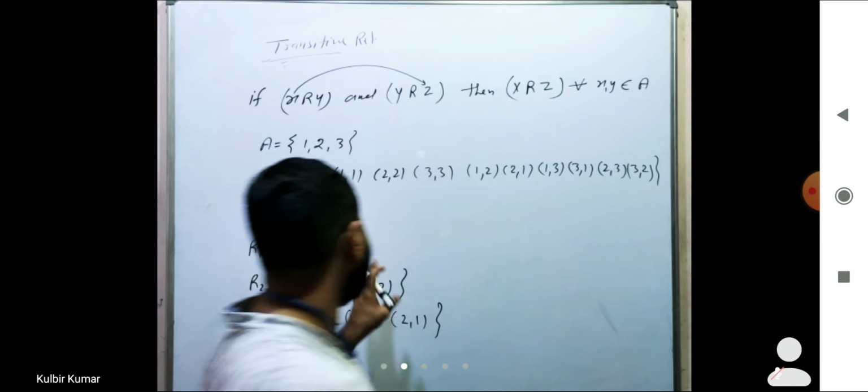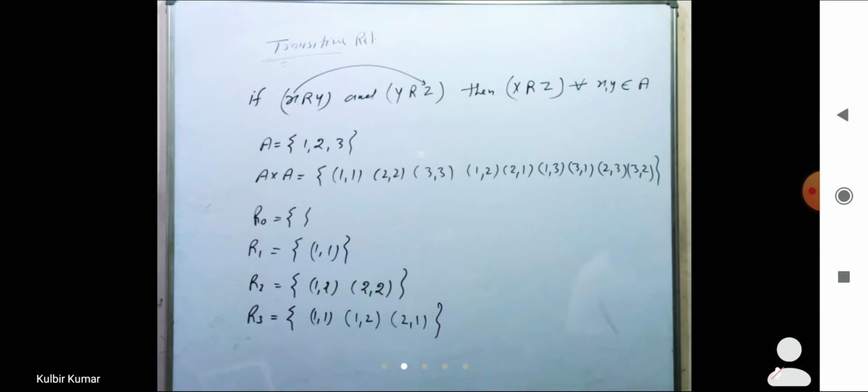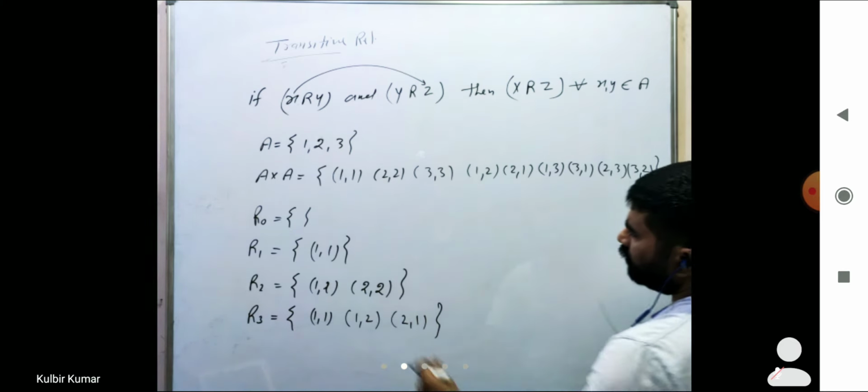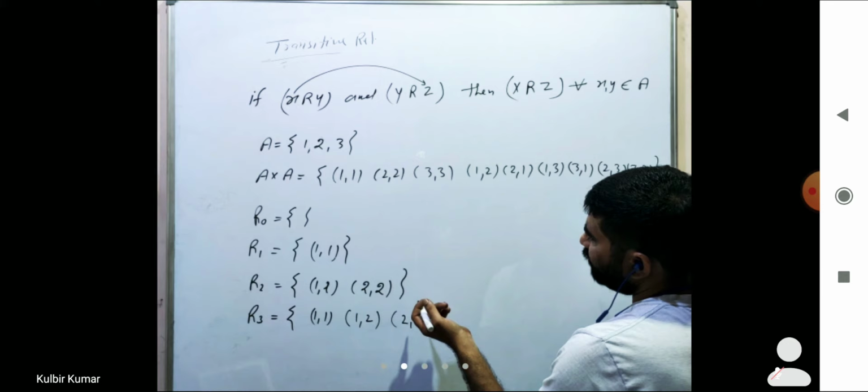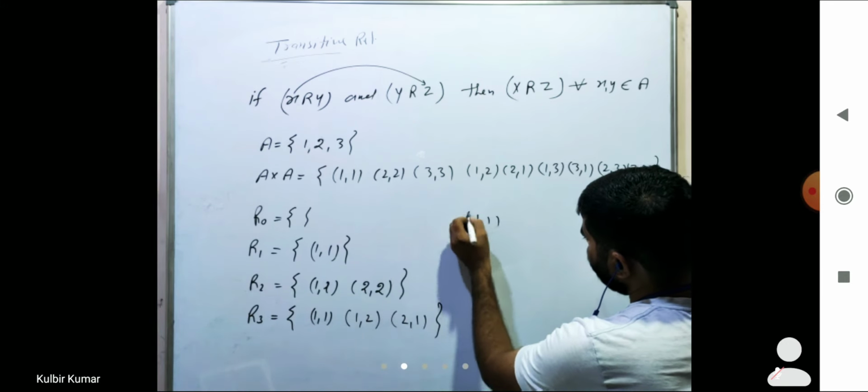So if it is 1 comma 1, then it is definitely transitive. So what can be the 1 comma 1? We can say it is a 1 comma 1.